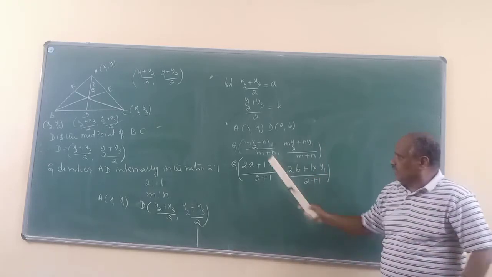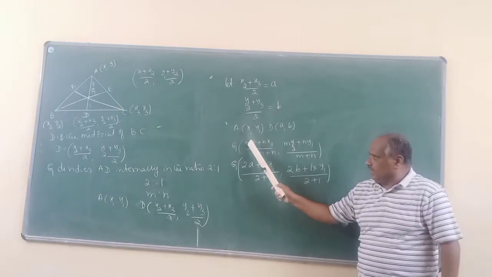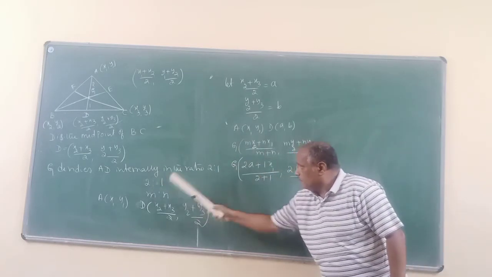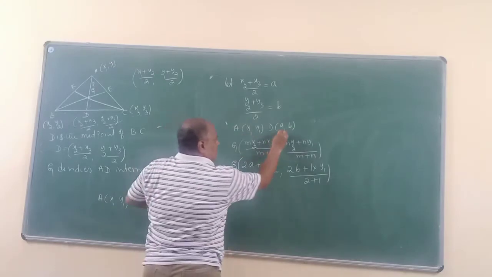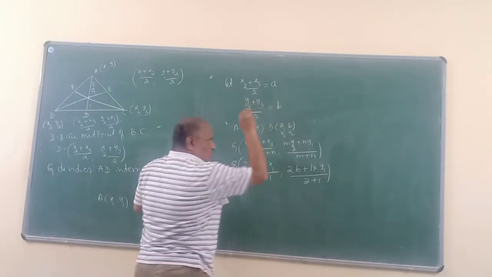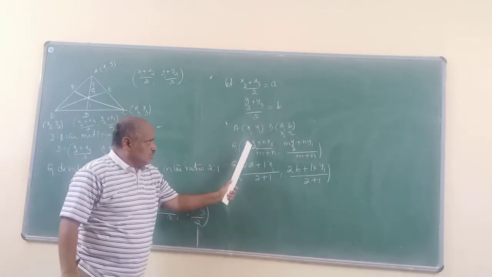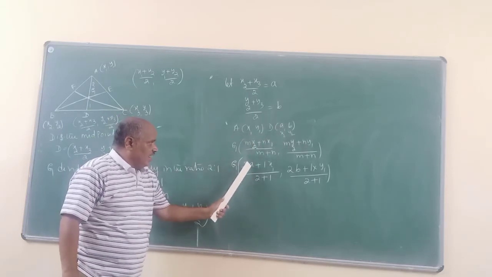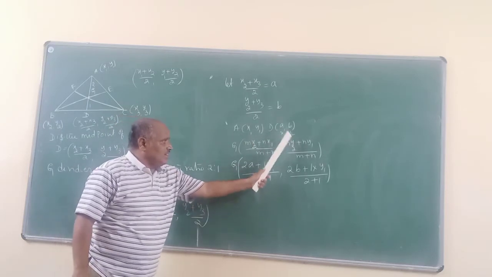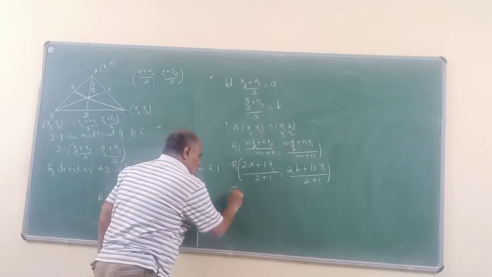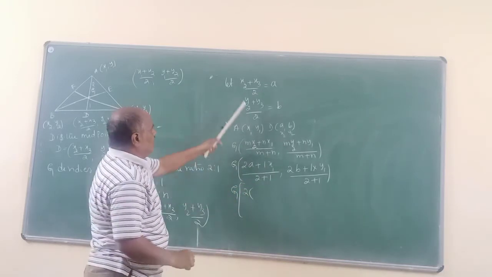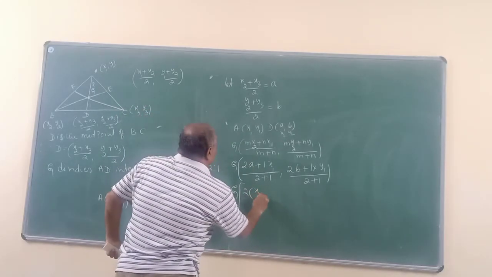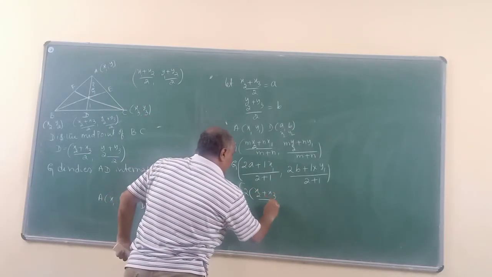Look here, m is 2. This is x1 y1, this is x2 y2. What is x2? a. What is y2? b. Now you substitute. What is a? a is x2 plus x3 divided by 2.